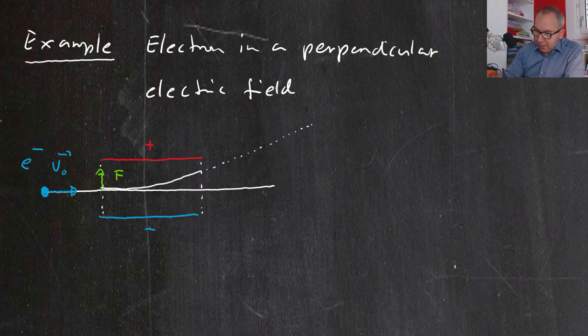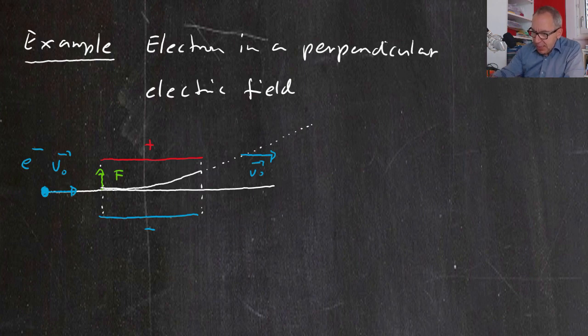So it will be a parabola inside here, and if we look at the final situation, we still have horizontal our v0. There was no force to the right, therefore no acceleration or deceleration to the right, and therefore no change in velocity.